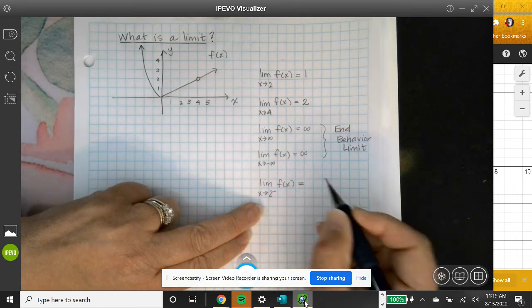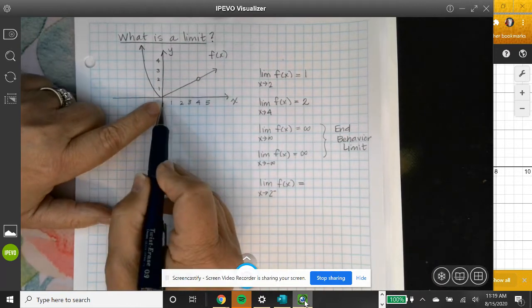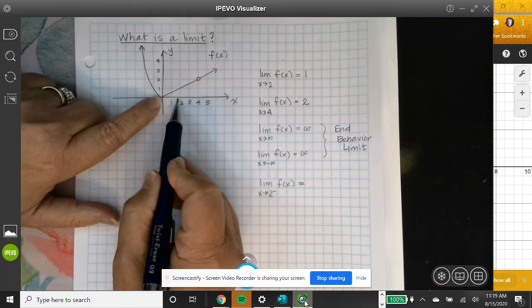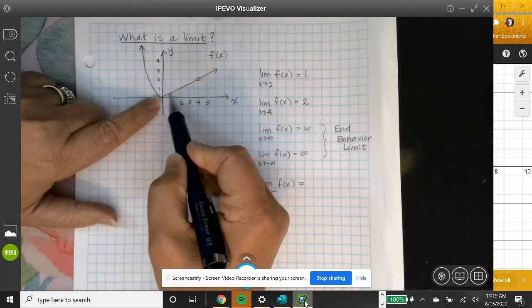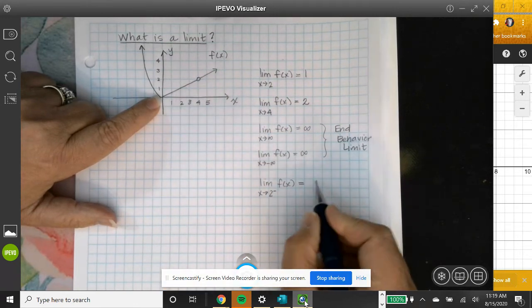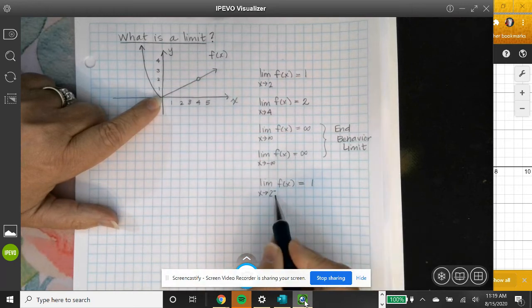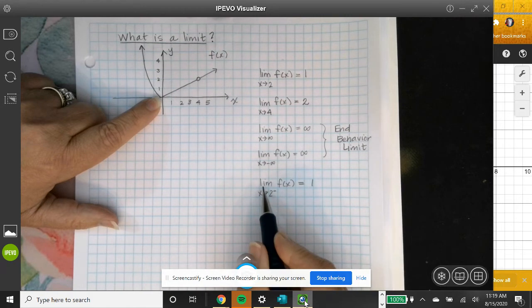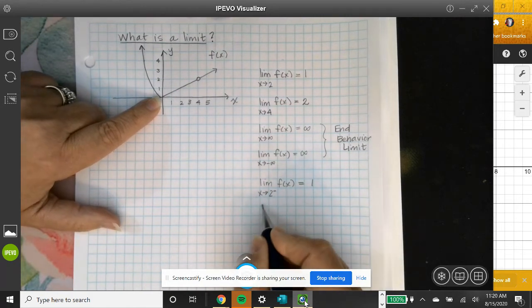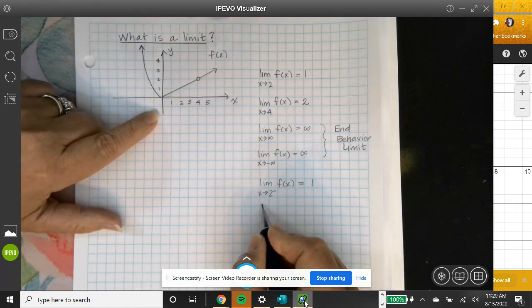Okay, so let's look at our graph. As x gets closer and closer to 2 from the left side, my y that I expect to approach, or the limit of my function, is going to approach 1. We call this a one-sided limit because we're coming at the x from one side and thus the y from one side. Well, in this case, I have two sides.